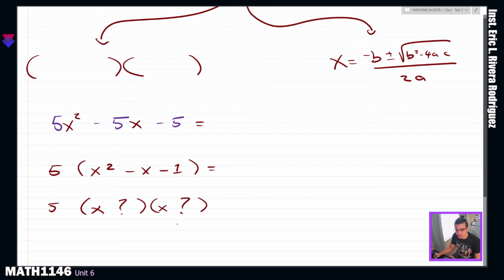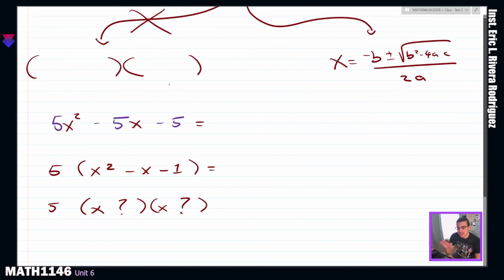There's no way to do this type of factorization of this quadratic. And that makes sense with the graph. We are not going to come up with irrational numbers that multiply to negative 1 and add to negative 1, so we stop there because this route is not going to help us.